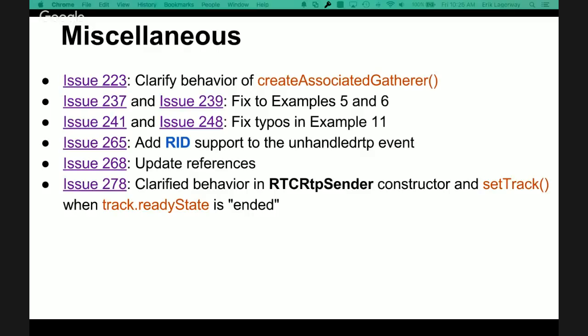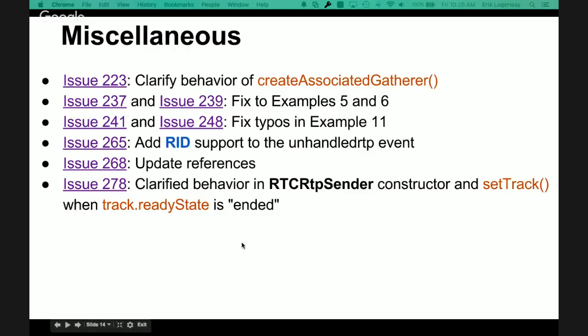Okay. So there were some miscellaneous issues. We had a bunch of fixes to the sample code, which was 237, 239, 241, and 248. 265, which Robin just talked about, which is the RID support for the unhandled event. We updated a bunch of the references, which are now published as RTs in 268.